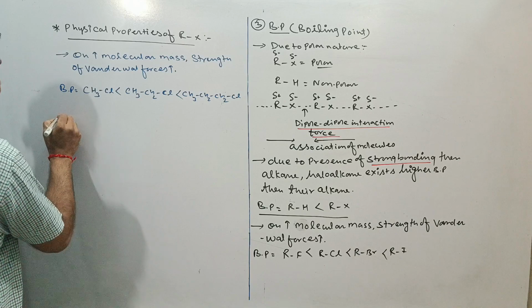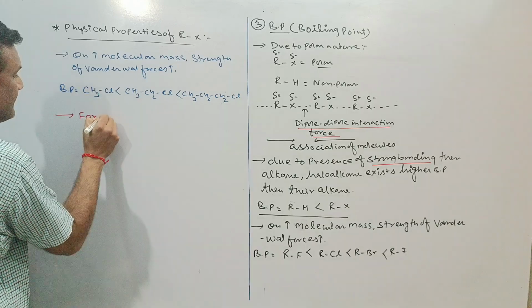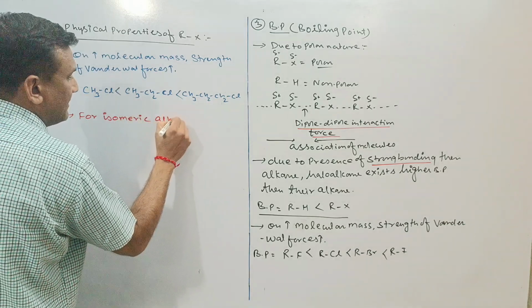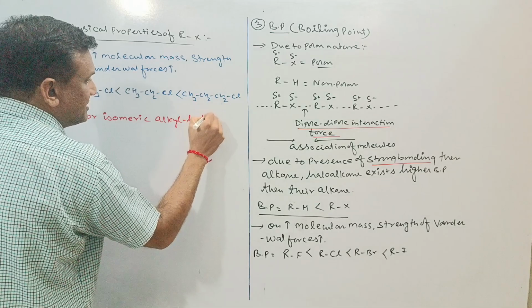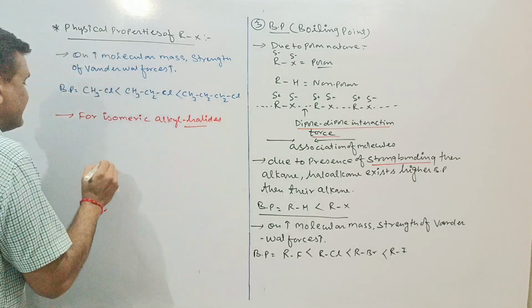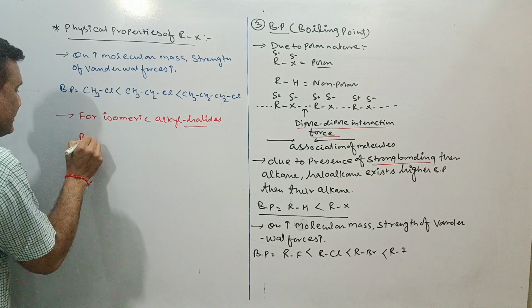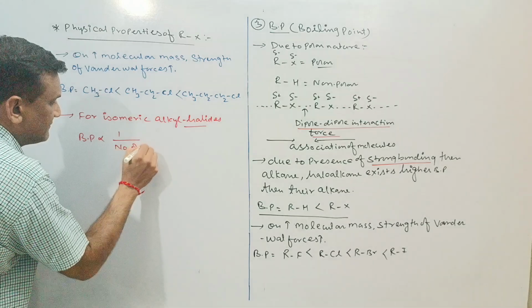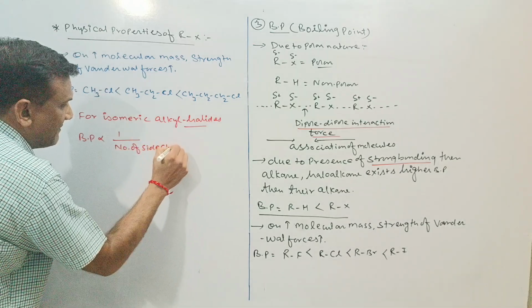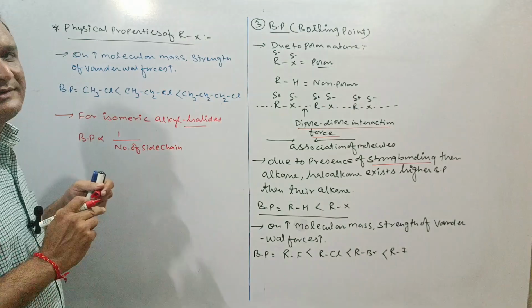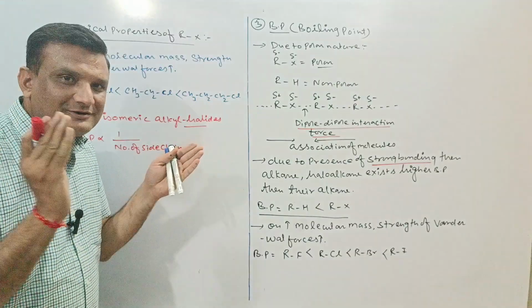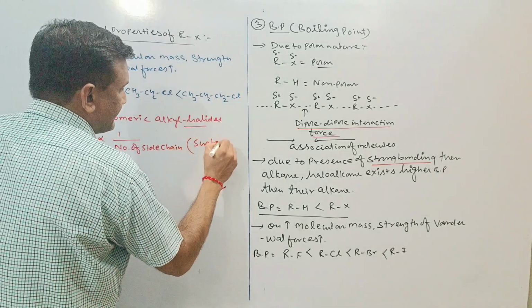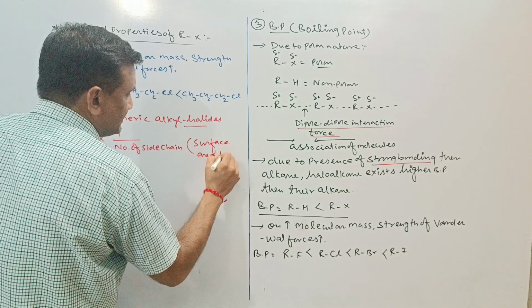For isomers, the boiling point is inversely proportional to the number of side chains. If the number of side chains increases, then the boiling point decreases because the surface area decreases.